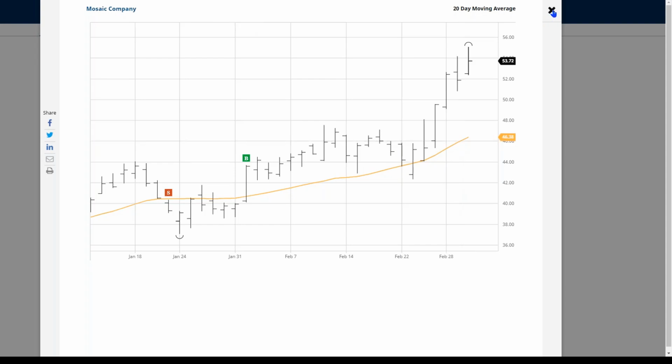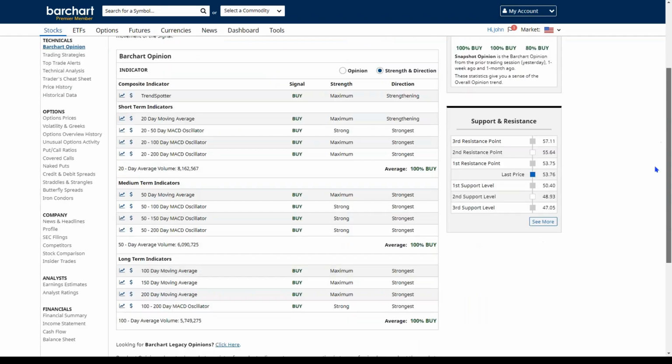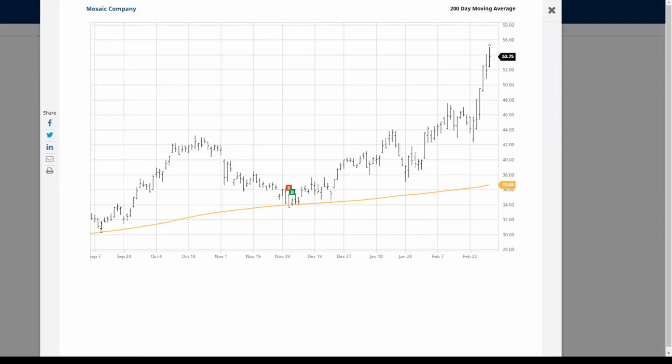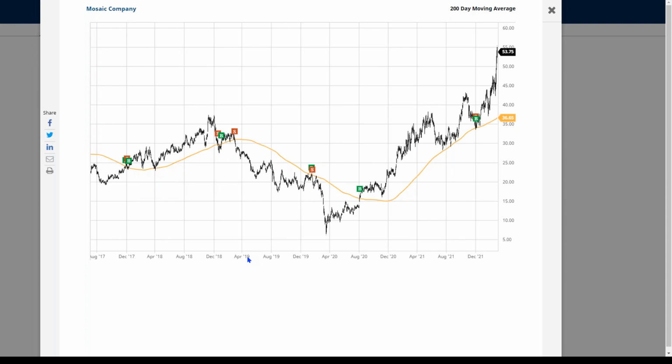So I just want to reinforce this thought before we move away. Here's our 200-day moving average. Again, maximum and strongest is said there. And on a historical basis, you can see that the angle of our 200-day moving average is very, very high. It's strong. It's telling us that we have a very, very strong trend.